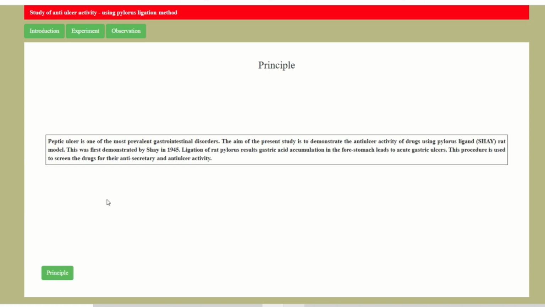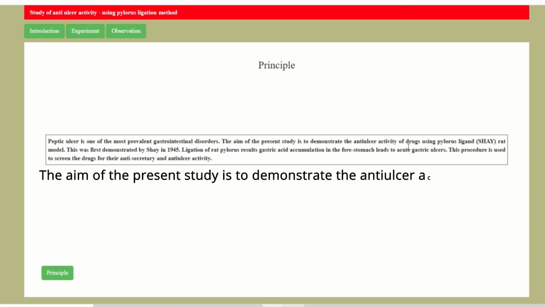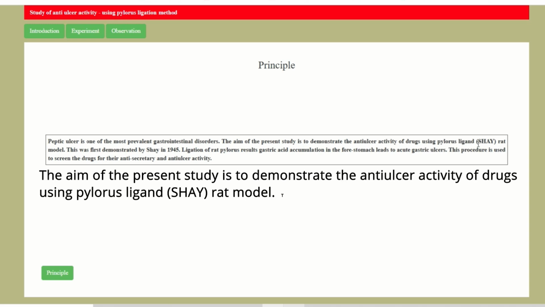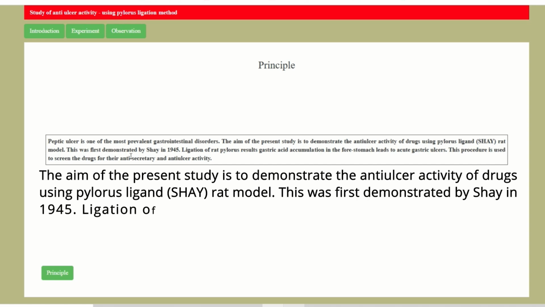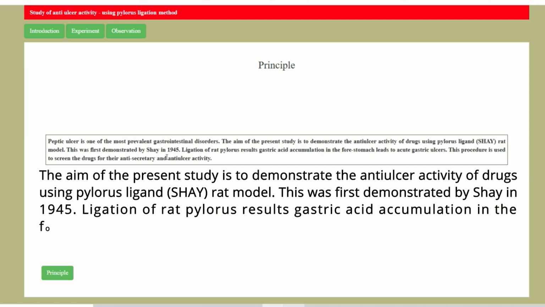Now we will see what the principle is. We will start that principle from here. The aim of the present study is to demonstrate the anti-ulcer activity of drugs using the Pylorus ligation, Shay rat model, which was first demonstrated by Shay in 1945, so it is known as the Shay model.